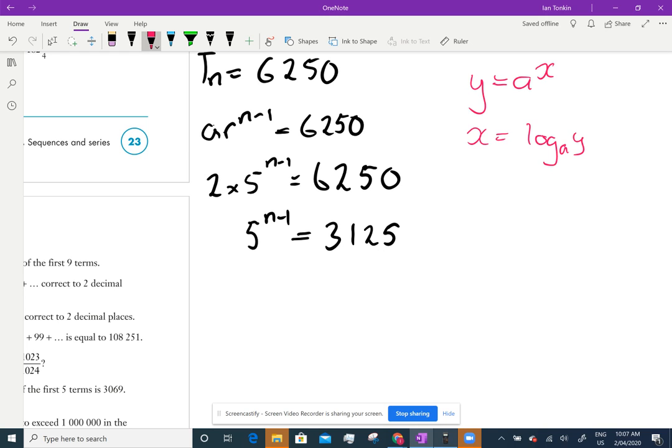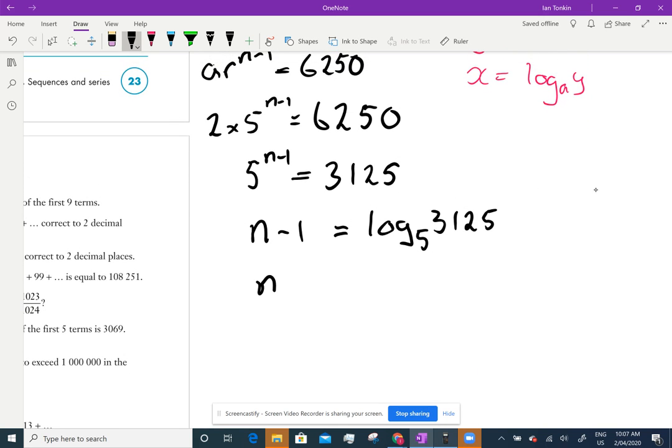So I get n minus 1 equals log 5 of 3125. And then I can just use any log I want. I prefer to use ln, the natural log, ln 3125 over ln 5.